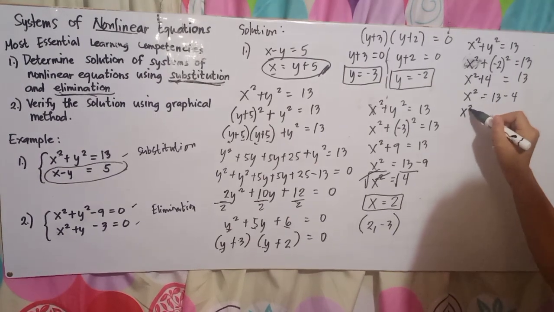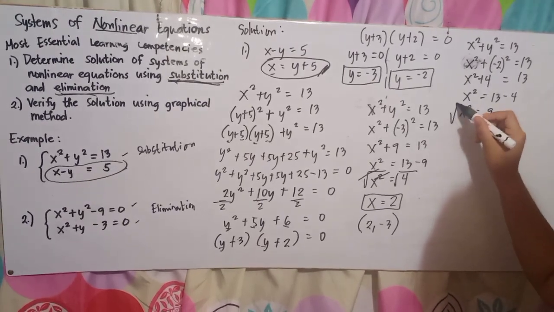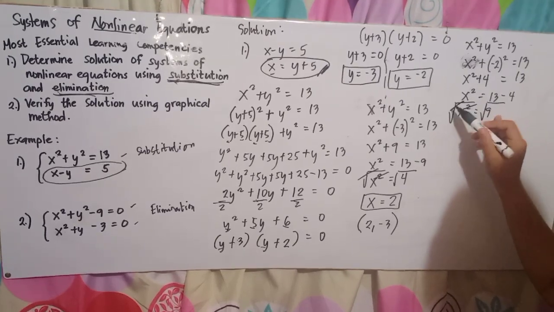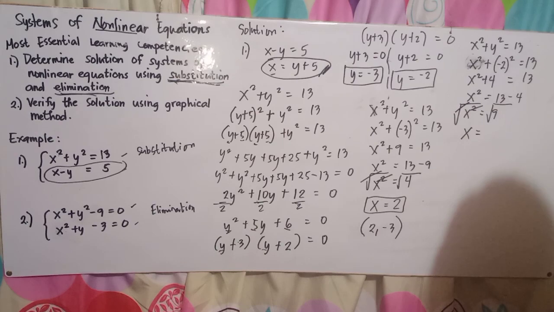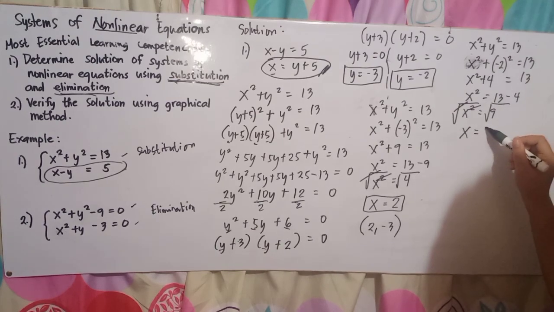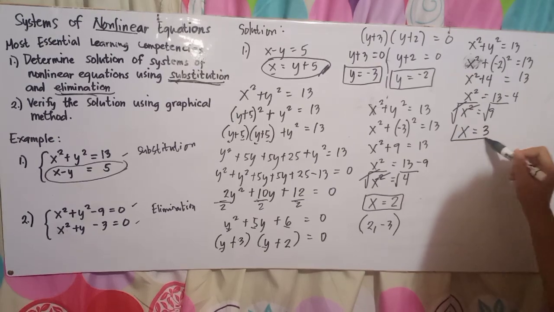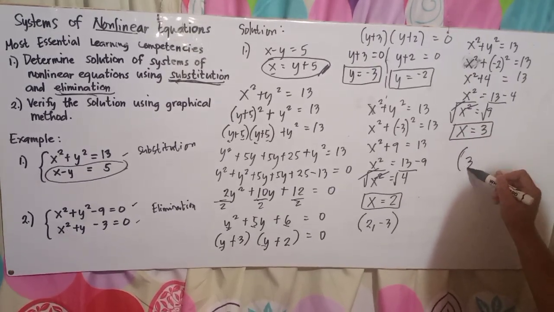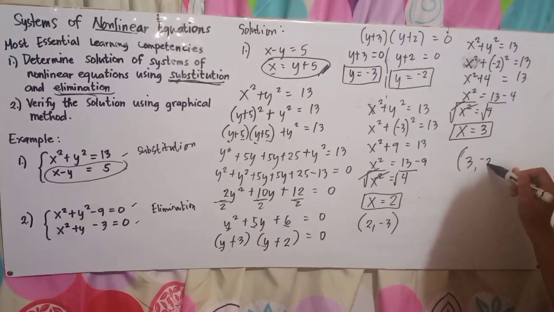So, x squared equals 9. Take the square root to cancel out the exponent and solve for x. Square root of 9 is positive 3. So, the solution is 3, negative 2.